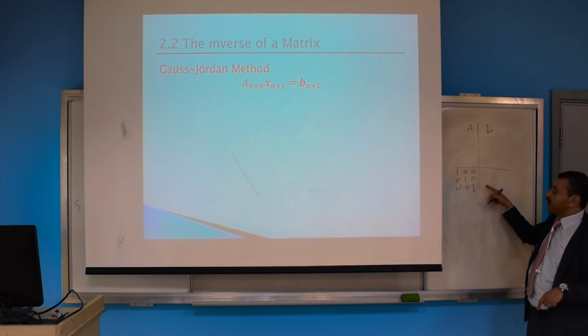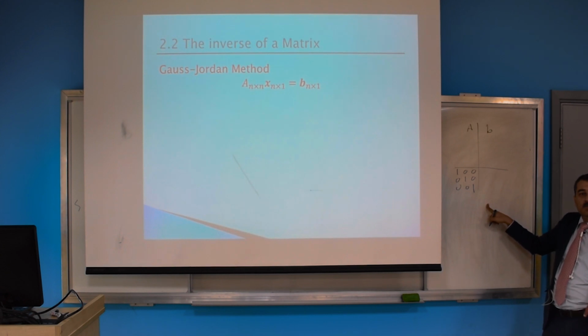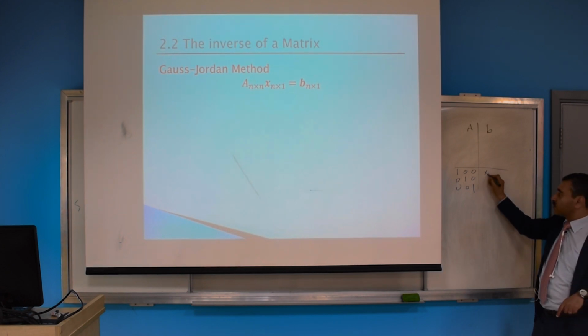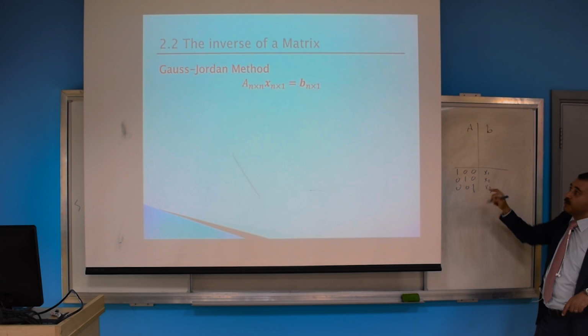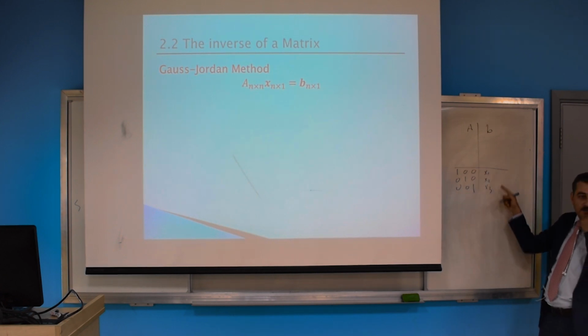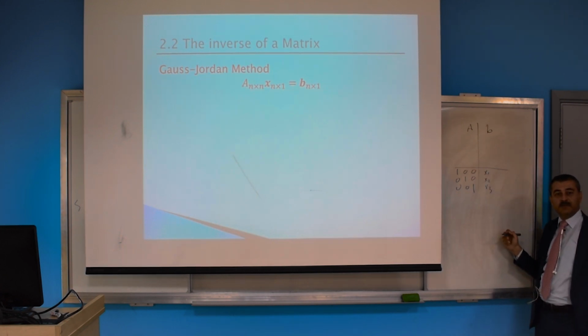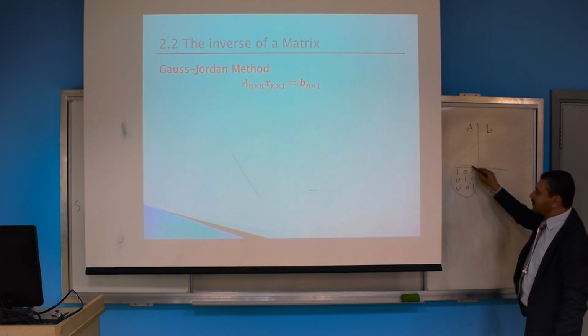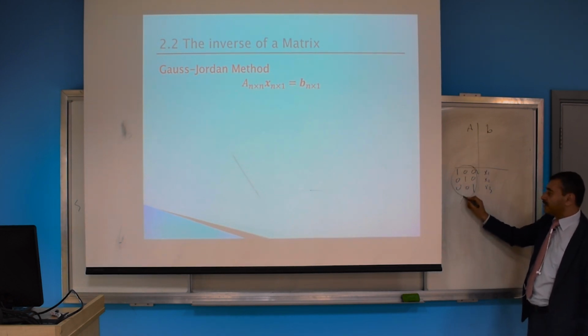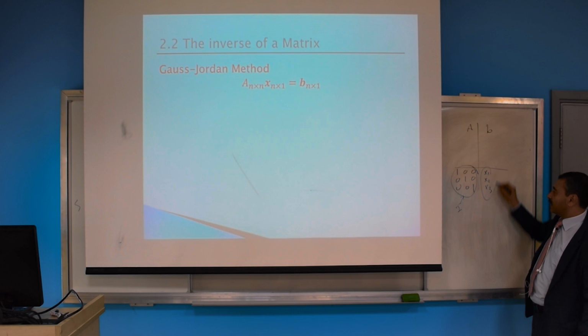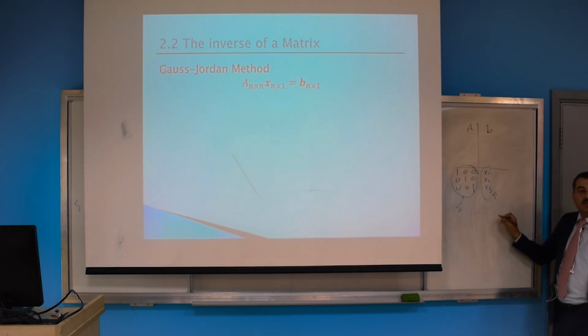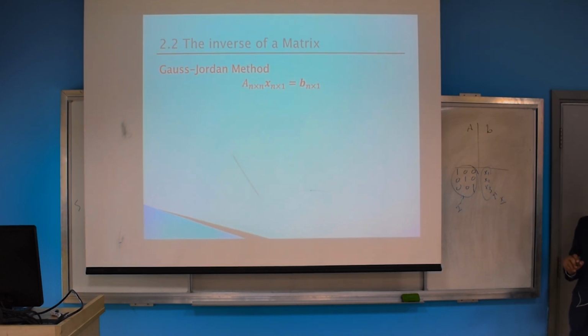And actually what we get here, x1, x2, x3, right? When you solve Ax equal b, these are the solution. And this guy is actually the identity matrix. And this guy actually is the solution vector, right?